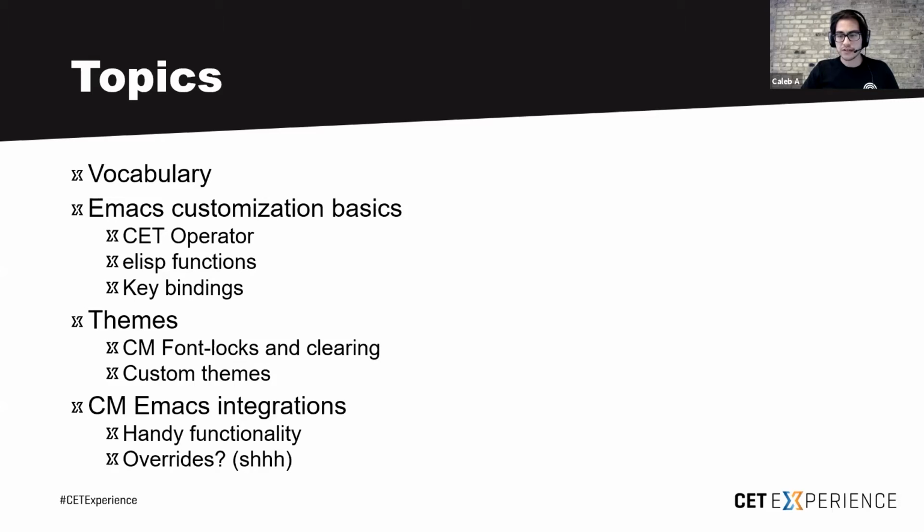Themes covers themes as a concept, along with implementation, how to create your own theme, and the CM's layer of complexity for themes. And finally, getting Emacs to do stuff within CET Designer through use of CM code. And I will give some common actions that I do on a daily basis, along with some ability to override the default CM Emacs functions locally and consistently.